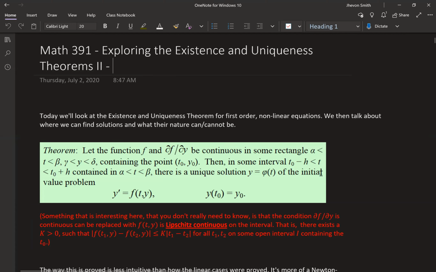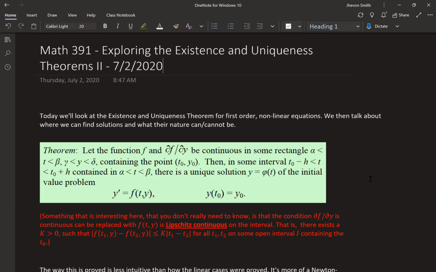So yesterday we covered the existence and uniqueness theorems for first order linear. We used that to show that a first order linear system can be solved, and then using the fact that we can take an nth order ODE and rewrite it as a first order linear system, we could then use that to prove that we can solve an nth order ODE uniquely.